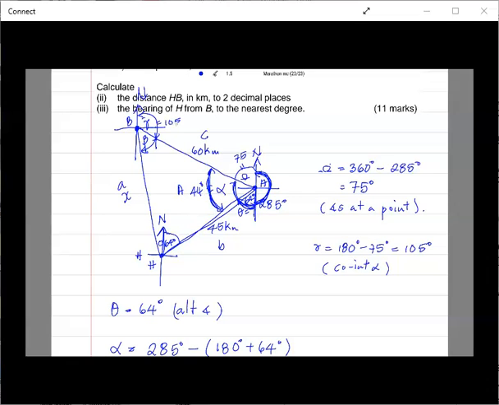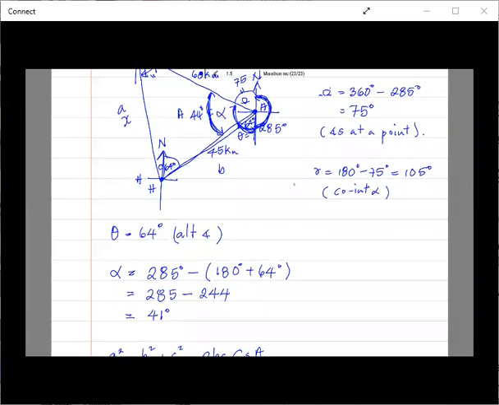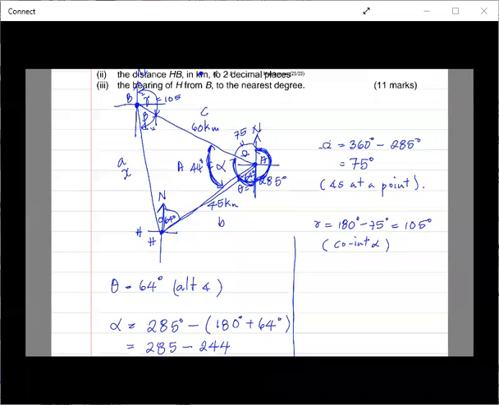So I have this piece, which is 105. To get the bearing of H from B, I need this piece here. Now, to find that piece, I'm going to have to use sine rule. After you use cosine rule on a triangle, the next rule you must use is sine rule. So I want to find the angle, so I'm going to say the sine of the angle beta over the side opposite to that, which is 45 kilometers, is equal to sine of some other angle that I know. I know this angle is 41 degrees.